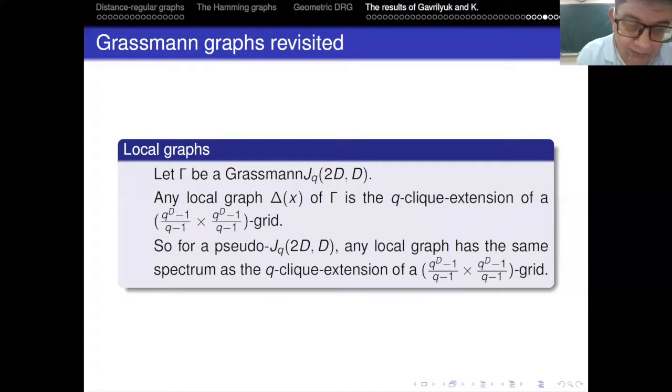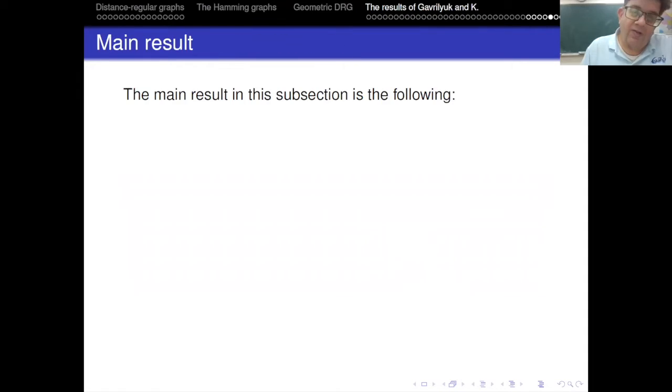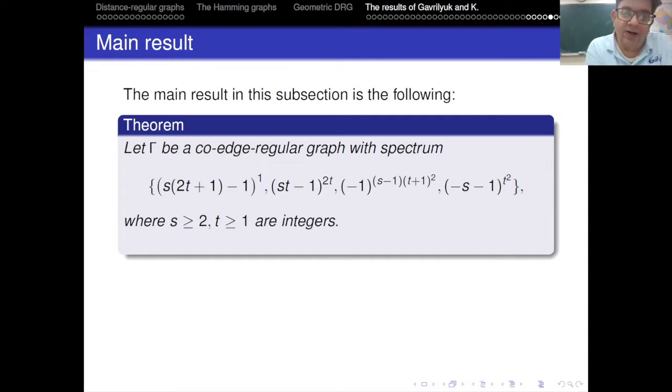So for pseudo J_q(2d, d), we know that they have the same spectrum as the q-clique extension of this grid. So our task is to show that they are the q-clique extensions. And so now I will discuss the result by Hayat and others. The main result in this subsection is the following. Being a co-S regular graph with this particular spectrum, where S is greater or equal to 2 and T is greater or equal to 1.